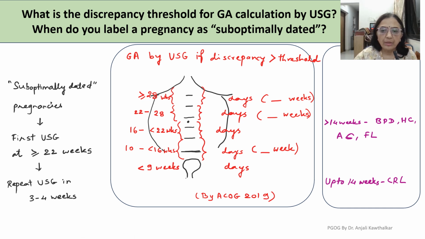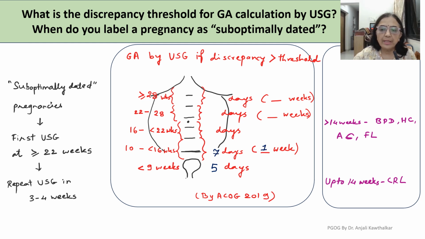At 9 weeks, the discrepancy threshold is minimum, it is 5 days. Whereas at 9 to less than 16 weeks, it is 7 days or 1 week.